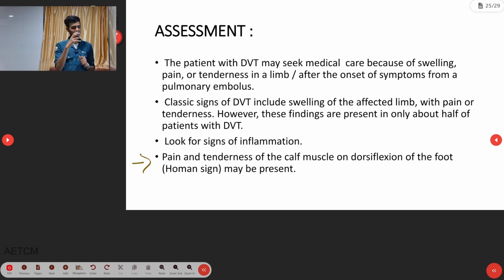That is the Homan sign. It is not a recommended assessment, because during dorsiflexion the clot may be disrupted. The clot can dislodge from its location, travel, and cause further complications. For theory purposes we can remember it, but the Homan sign is not at all recommended.